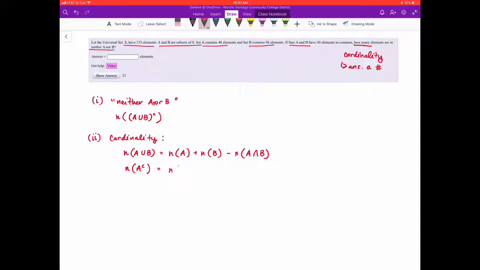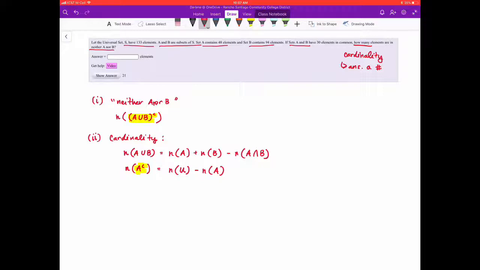That's just the number of elements in the universal set minus the number of elements in that set. So if I rewrite this to fit our need of the complement of the union, I'm just going to replace A here with A union B.